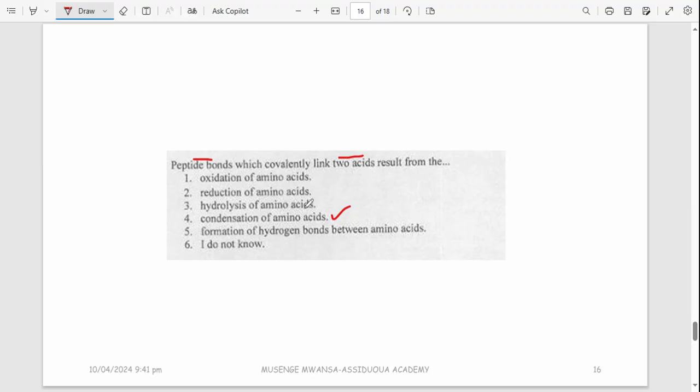Yes. Condensation will remove water. So I'd mentioned the word hydrolysis, and that was wrong. It is known as condensation or dehydration. Hydrolysis is when you are breaking down proteins, when you are reacting them with water. So that is supposed to be dehydration or condensation.